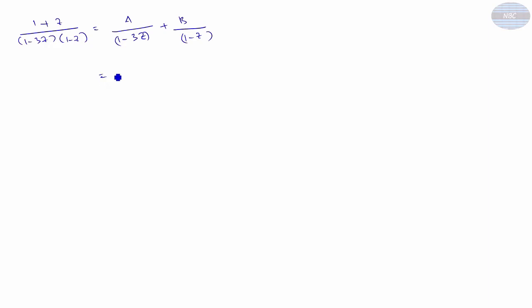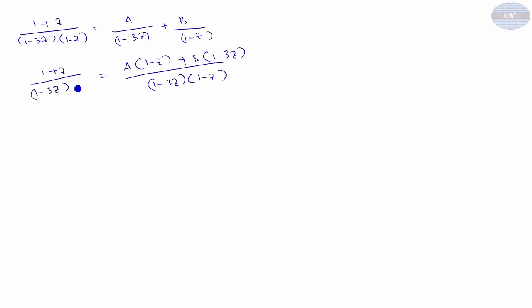Here we have a into 1 minus z plus b into 1 minus 3z, because we have LCM 1 minus 3z into 1 minus z. This is the left hand side, 1 plus z divided by 1 minus 3z into 1 minus z.